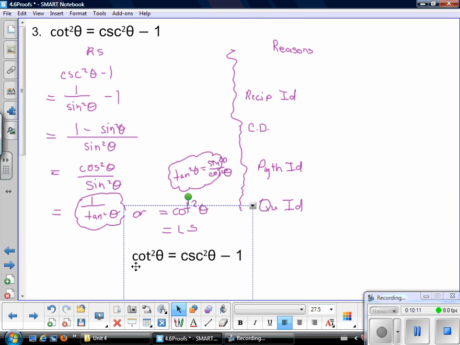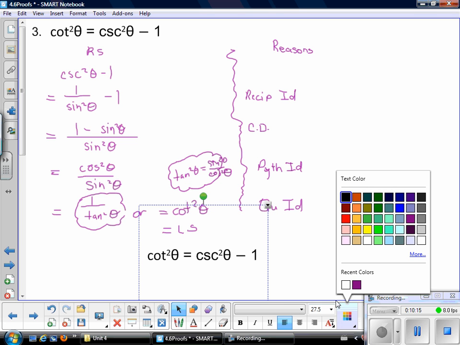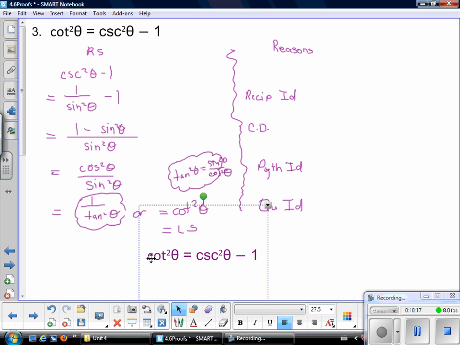You're saying that's cheating. Yes, it is cheating, I know. But that's the fun part about being a teacher. I can cheat just a little bit. So I just need to put therefore cotan squared theta equals cosecant squared theta minus 1.